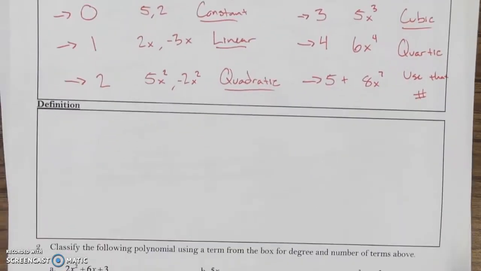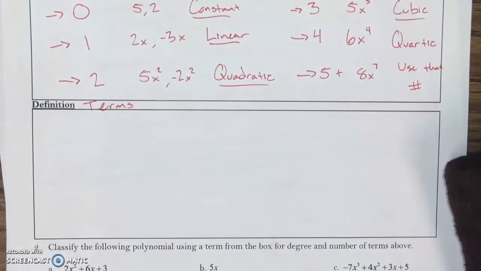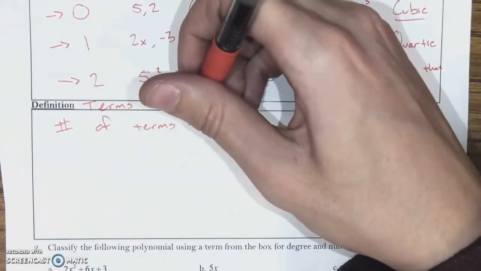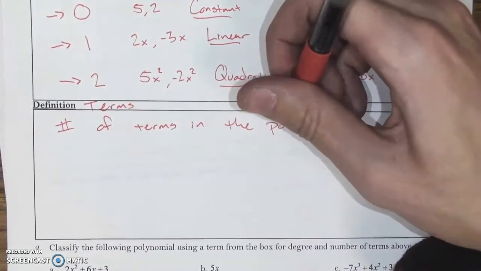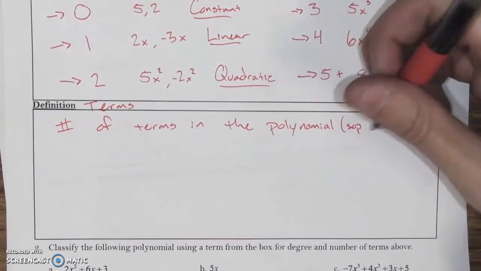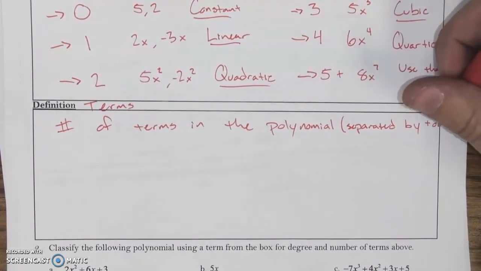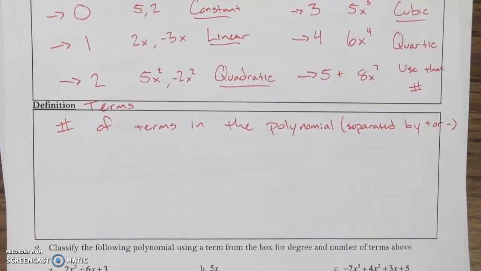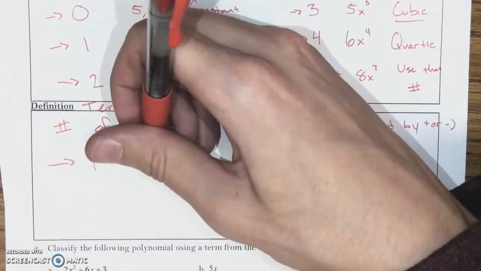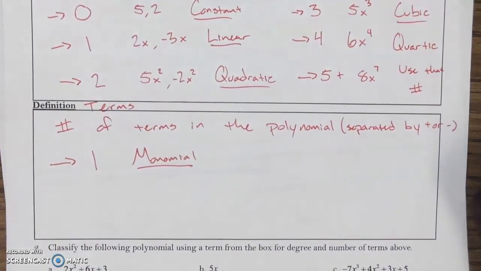Okay. Let's also name polynomials by the number of terms that they have. So the number of terms in the polynomial, and we know what's a term by what's separated by addition or subtraction. If it has just one term, then we call that a monomial. Notice the prefix mono, or 1.